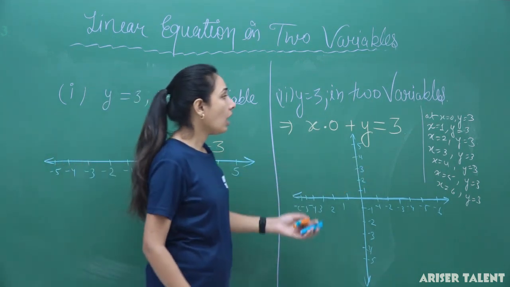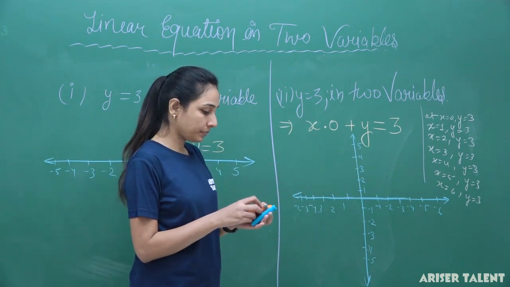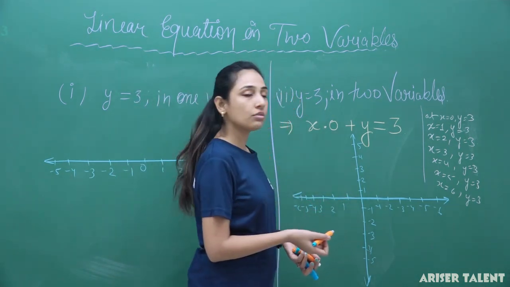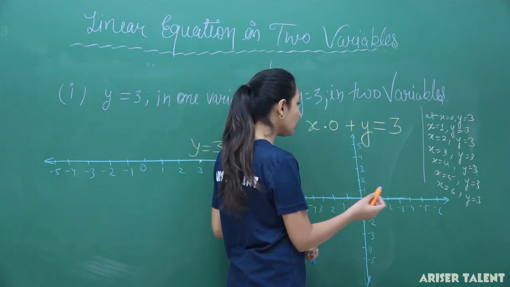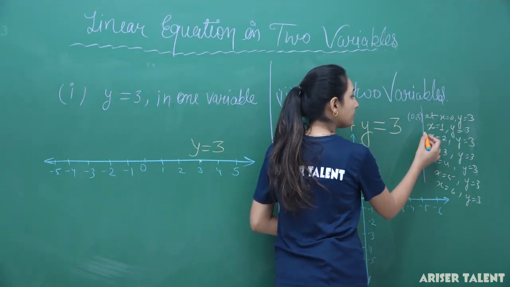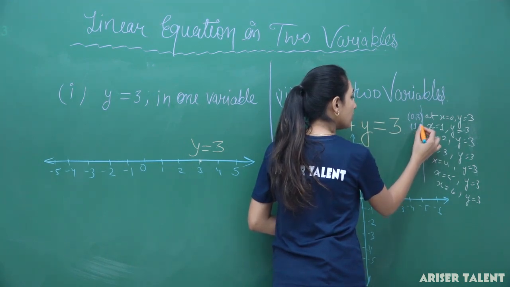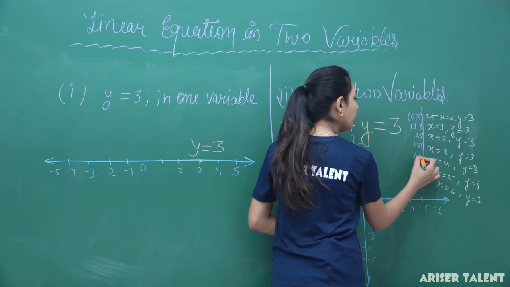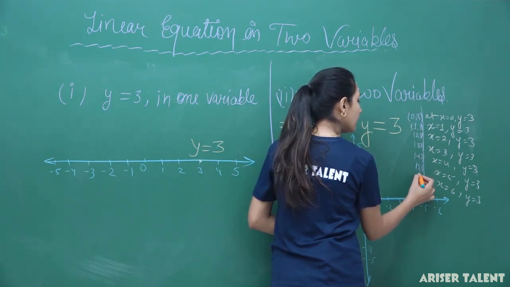Now how will I plot these points? The points are 0, 3; 1, 3; 2, 3; 3, 3; 4, 3; 5, 3; 6, 3.